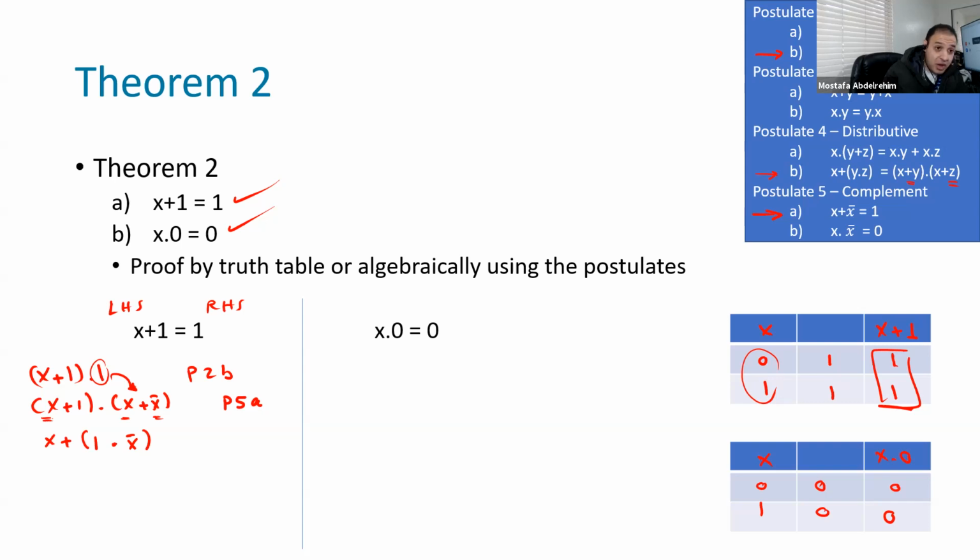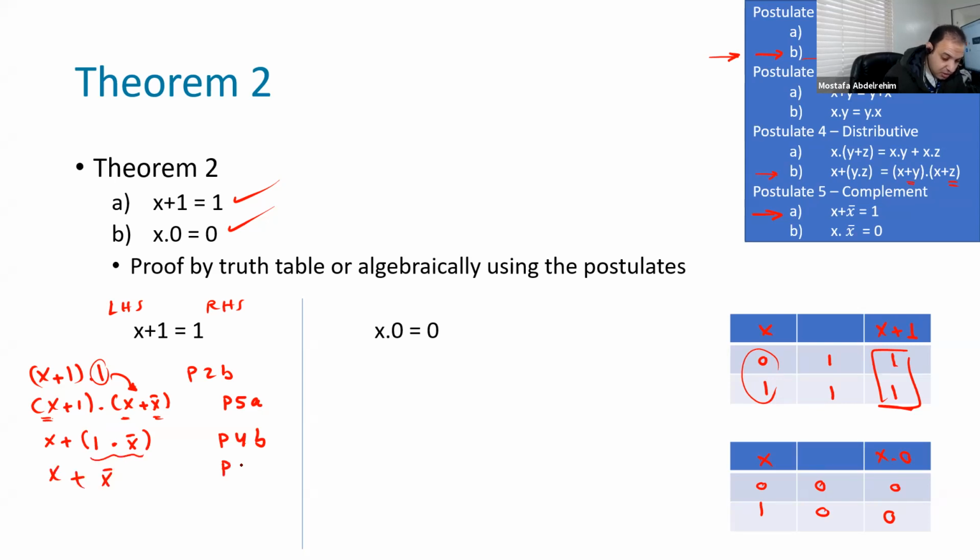And what is 1 dot x bar? If we look at postulate 4b, 1 dot x bar, anything ANDed with 1 gives you the same thing. This is from postulate 2b. So this is actually x bar. So this is x plus x bar, or x or x bar.